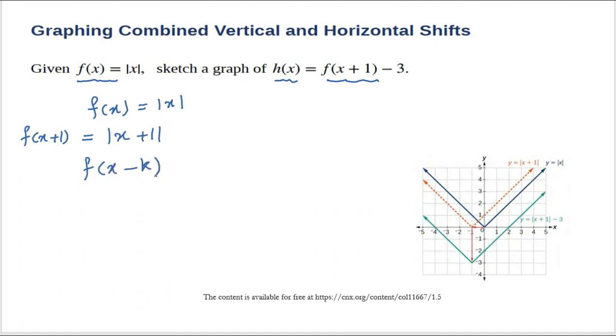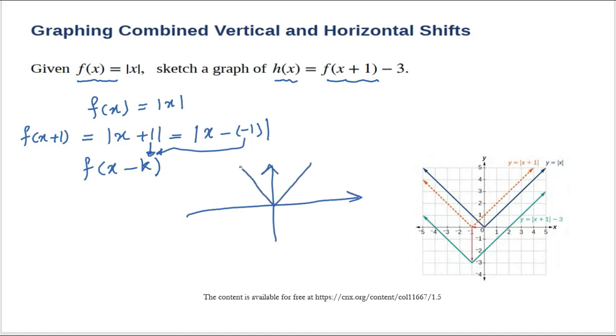F of x minus k, then k is equal to negative 1, so we move 1 unit to our left. So here is the absolute value of x, and this one is the absolute value of x plus 1. 1 unit shift to our left.